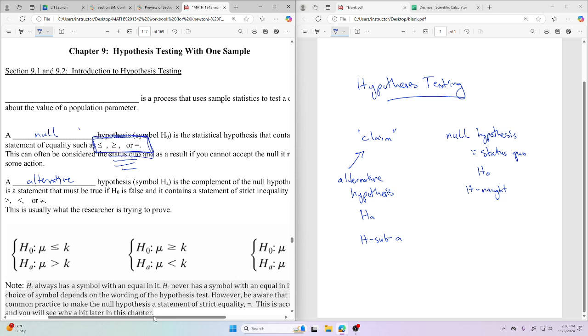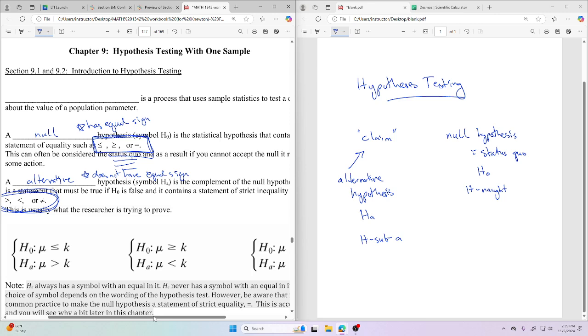This one has an equal sign in some way: less than or equal, greater than or equal, so that always has an equal sign. This one does not have an equal sign. You can see that with less than, greater than, not equal to.